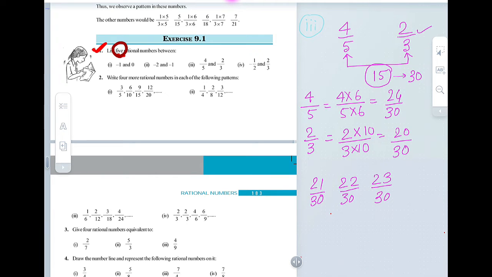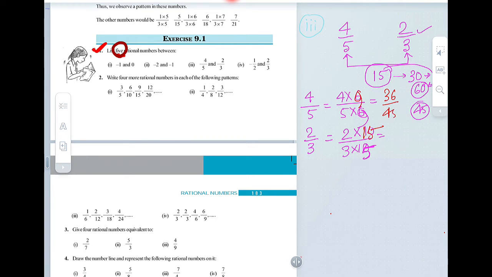Now what you have to do? The same procedure, or else you can also take the next multiple of 15, that will be 45. Now for making 5 into 45, we will multiply it by 9, and for 3 you will multiply by 15. The numerator will also be multiplied by 15 here and by 9 there. So here you are getting 36 by 45, and here you are getting 30 by 45.